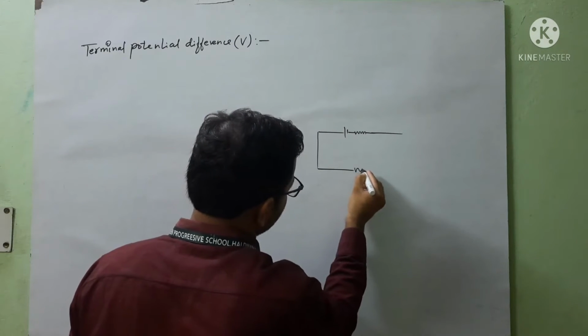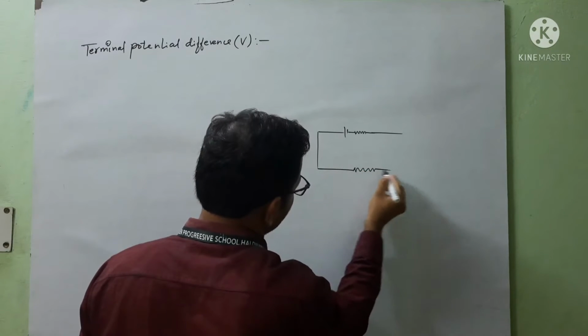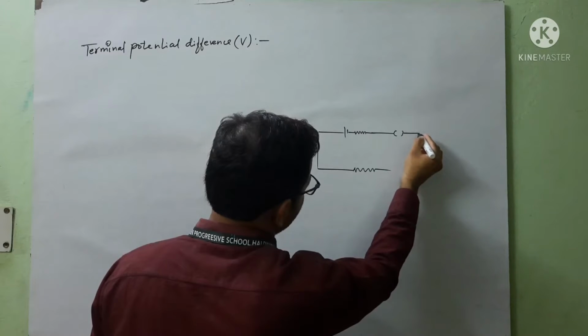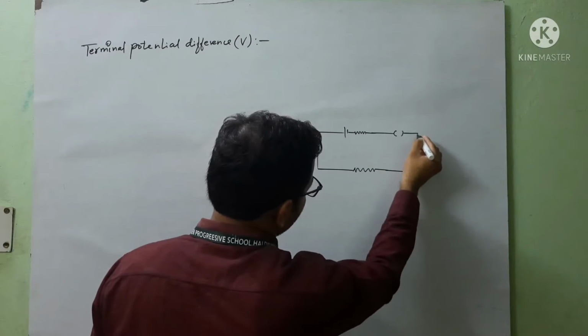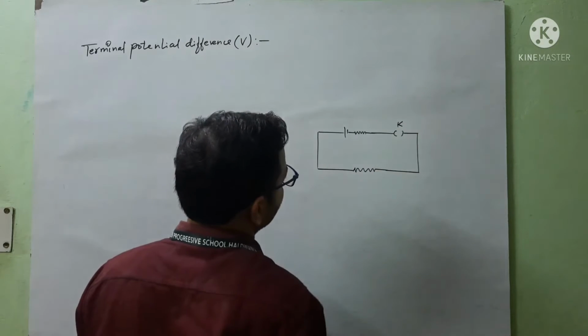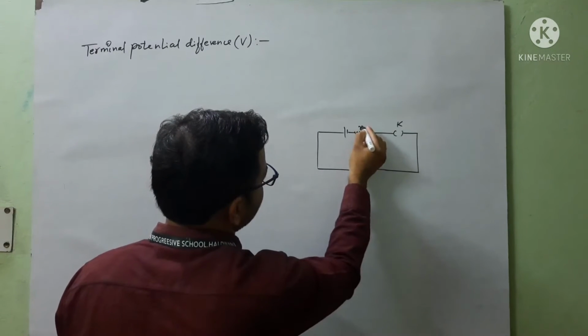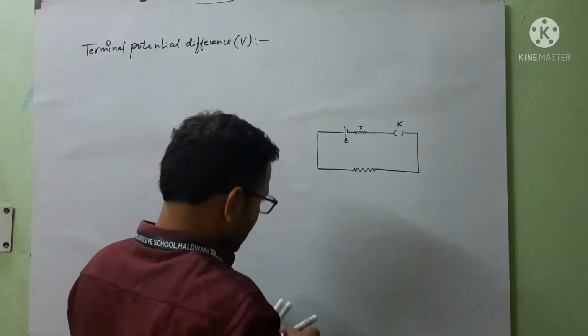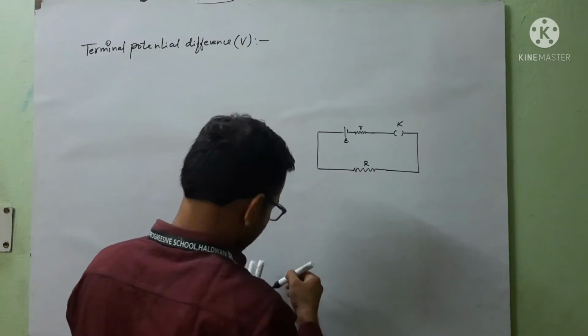This one is the external resistance. Got it? And the battery right now, first case, this is open, so the key is open. Now this one is the internal resistance. This is the EMF of the battery epsilon, and this one is the external resistance.